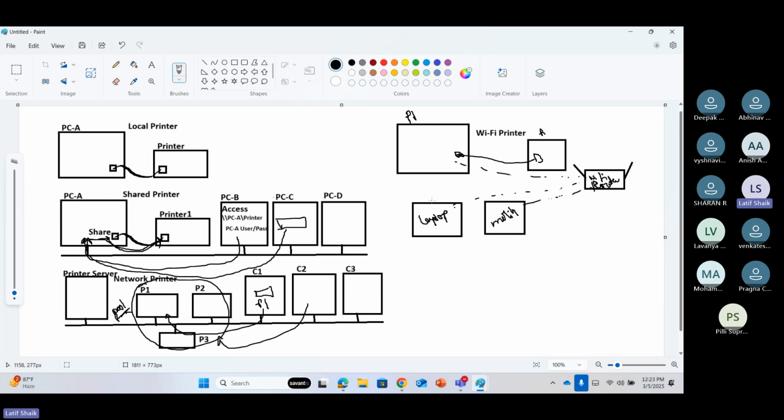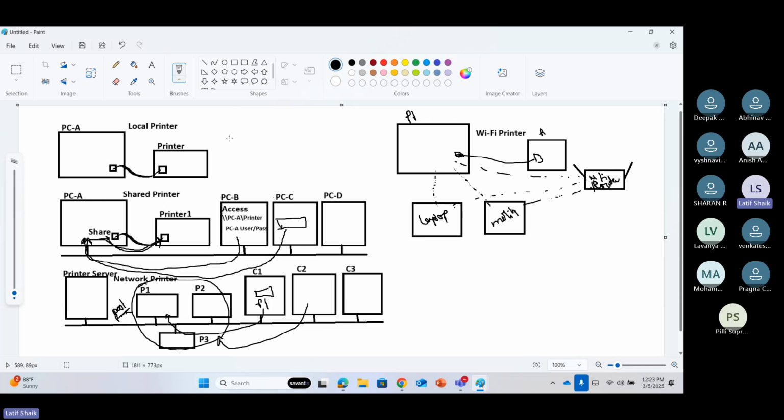Next is Wi-Fi Direct. Wi-Fi Direct means no need of any Wi-Fi router in between. It is a direct single pairing type of connectivity. This is a Wi-Fi printer, and it is more flexible than any other printer.